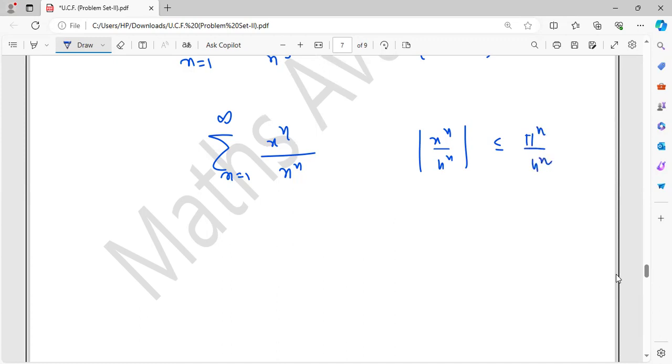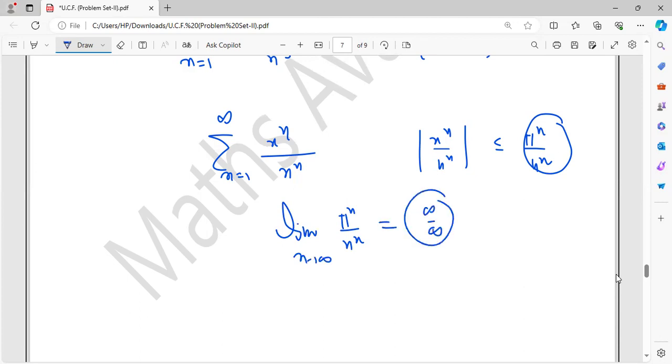So what about this? Pi to the power n over n to the power n, limit n tending to infinity. Infinity upon infinity, it is L'Hospital's rule.